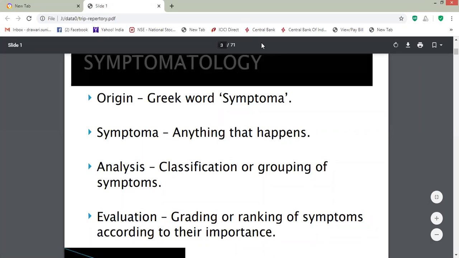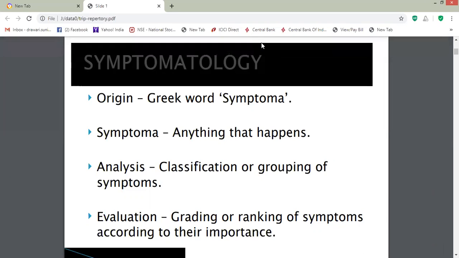We have to grade the symptoms according to their importance. For gradation, it also depends on the repertory we are going to use for repertorization. As for example, in Kent's repertory only 3 grades are given. In BTPB there are 5 grades given. In this way, in different repertories, different gradations are given, as we discussed in previous lectures, Boenninghausen's repertory and Bell's diarrhea.